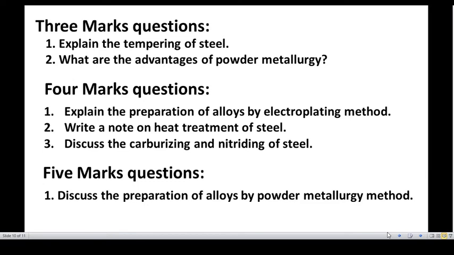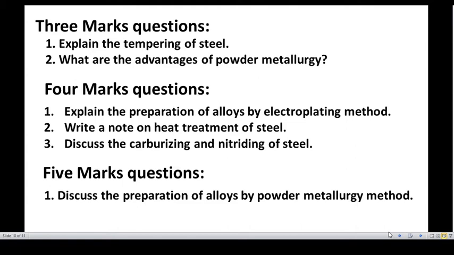Highly alloyed tool steels are tempered in the range of 500 to 600 degrees centigrade. Tempering is used on hardened steel to reduce its brittleness. Okay, hope you understood the answer for this question.